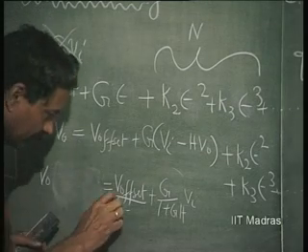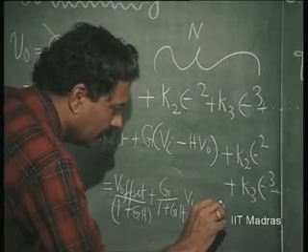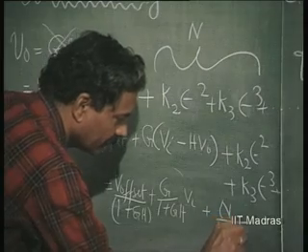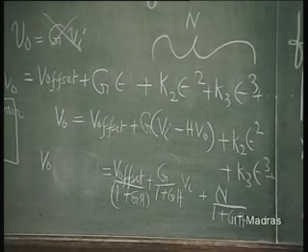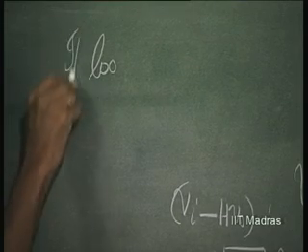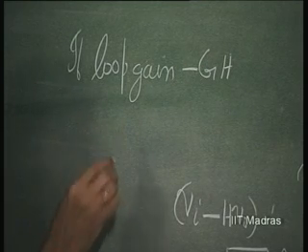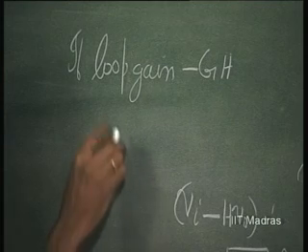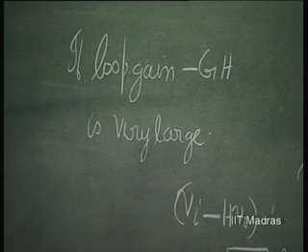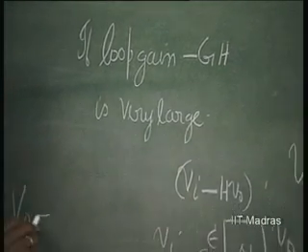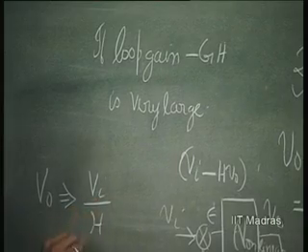If I divide the whole thing by 1 plus G H, all this nonlinearity also is going to be divided by 1 plus G H. So, if the loop gain, which is minus G into H here, is very large, then we can see here that V naught is going to be essentially equal to V I by H, what we got earlier also.